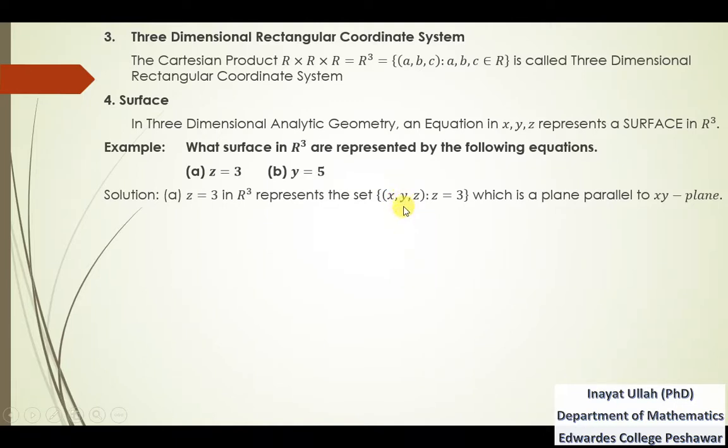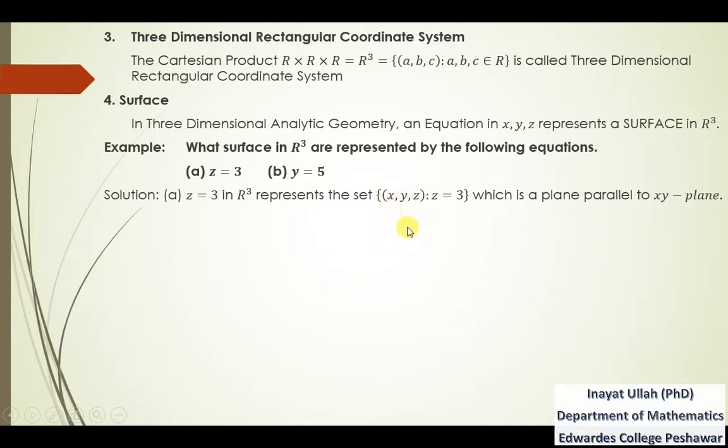Similarly, if you fix y, that will represent a plane parallel to the zx plane. If you fix x equal to something else, that will be a plane parallel to the yz plane. So z is equal to 3 represents a plane parallel to the xy plane, in which the other variables can be changed.